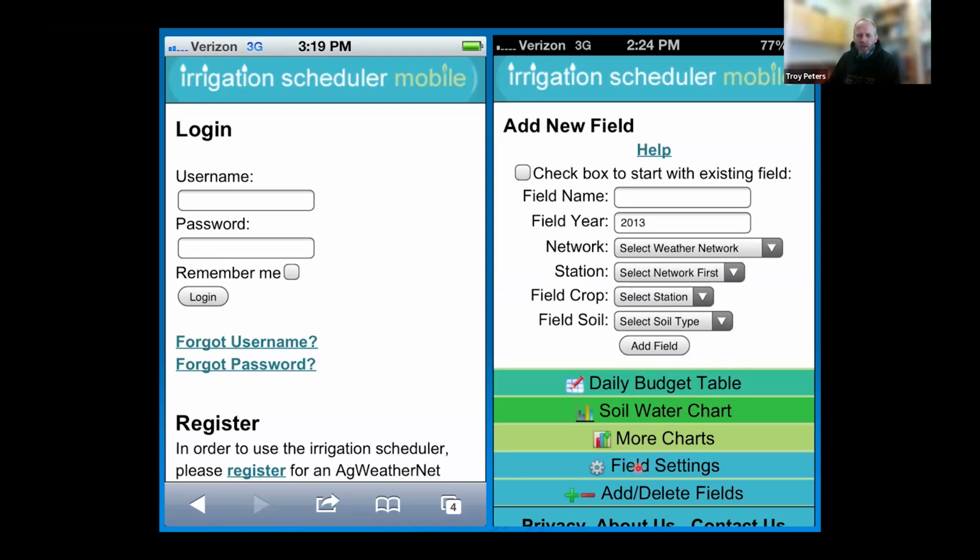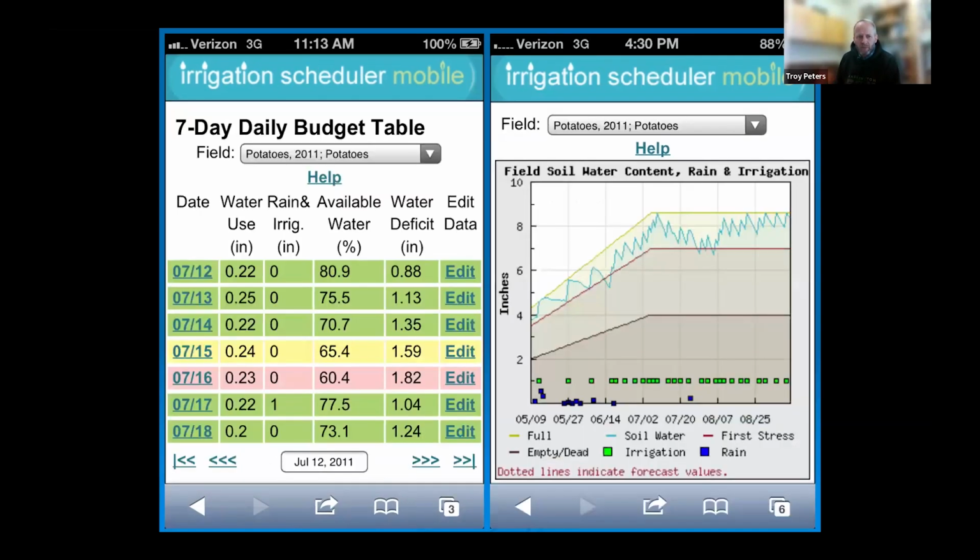But then, of course, we hope everyone clicks on this field settings and goes in there and looks at those numbers and says, okay, that doesn't make sense for my field because we're doing something different. Please change those. And then it pulls from AgWeatherNet, the weather station. It uses all that weather data, calculates reference ET, multiplies it by the crop coefficient, and also a stress coefficient, which if you're interested, click on this help button.